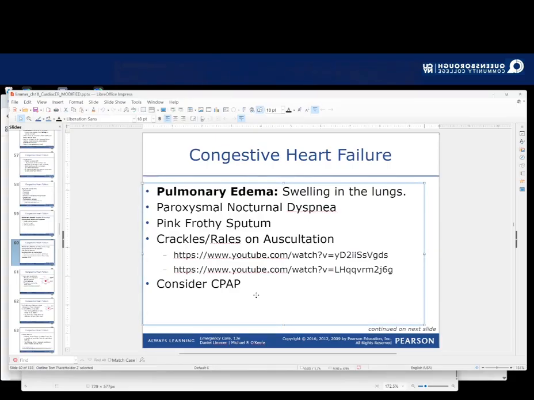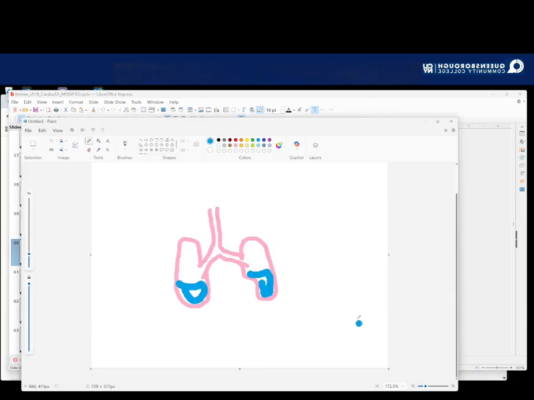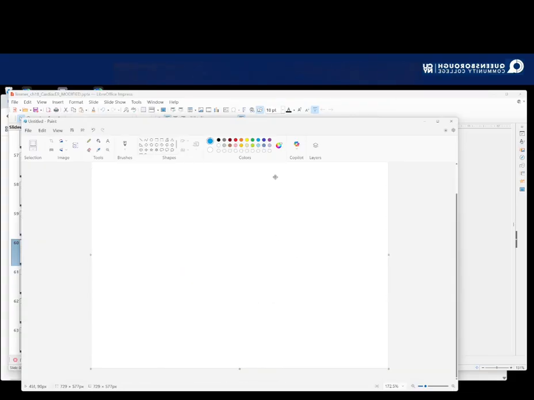Okay. So now I notice, sir or ma'am, that your feet are swollen. When do they get the most swollen? And they say by the end of the day, they get worse all day. Why do you think the patient's legs get swollen during the day?